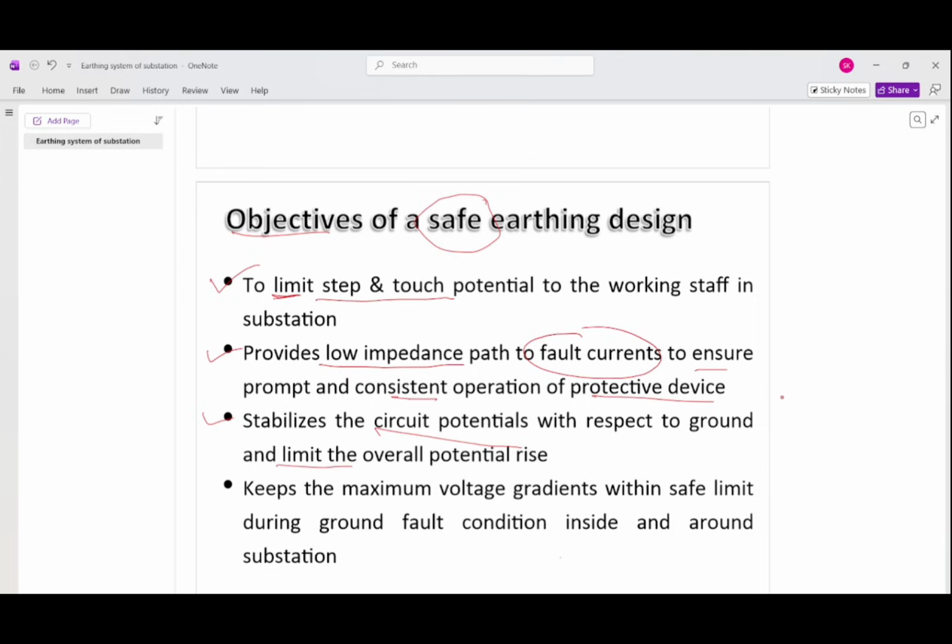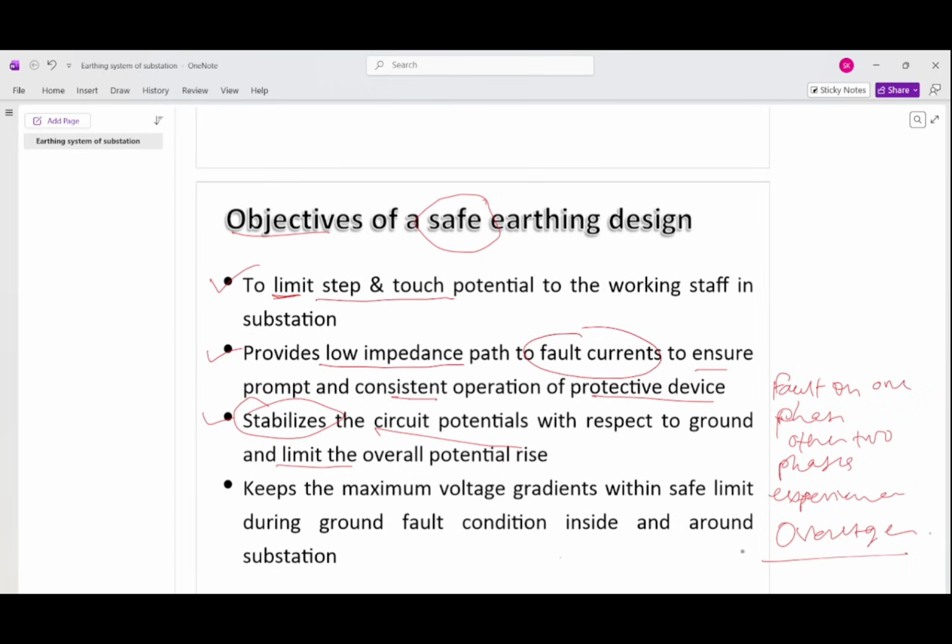So if there is a fault on one phase, this is a very important point, the other two phases experience over voltage.